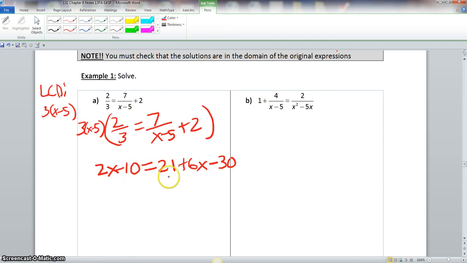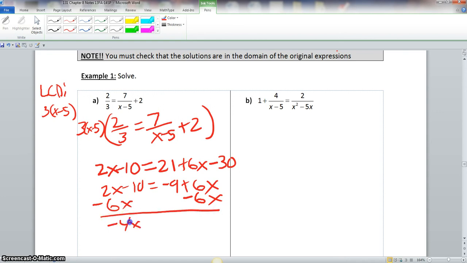So now we need to get all the x's on one side. First, let's combine these like terms. 21 minus 30 we know is negative 9 plus 6x. Now, we can subtract 6x on both sides, and we will have negative 4x minus 10 is equal to negative 9.